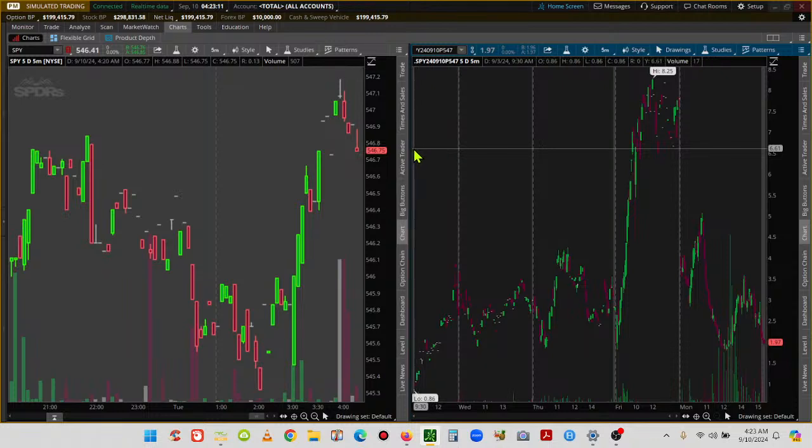So if I hover over there at the 86, you could see at the top of the screen, I can't move my mouse over there because I got to hover over that spot. But if you look up at the top, it says the date is 9/3/24 at 9:30 a.m. Okay. So that's going to be at the open of the market.